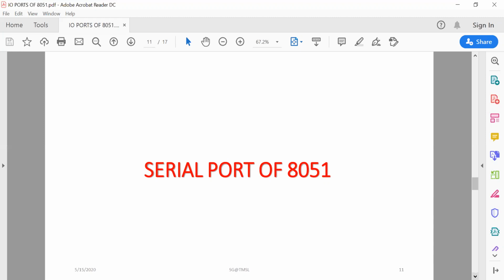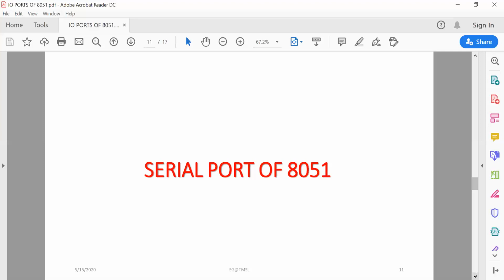Now the serial data buffer, which is called the SBUF register, is an 8-bit register used for serial data transmission and reception. A data byte must be written to the SBUF register for transmission through the transmitter line, and in the same way it also holds a byte of data received from the received data line, the RxD line.